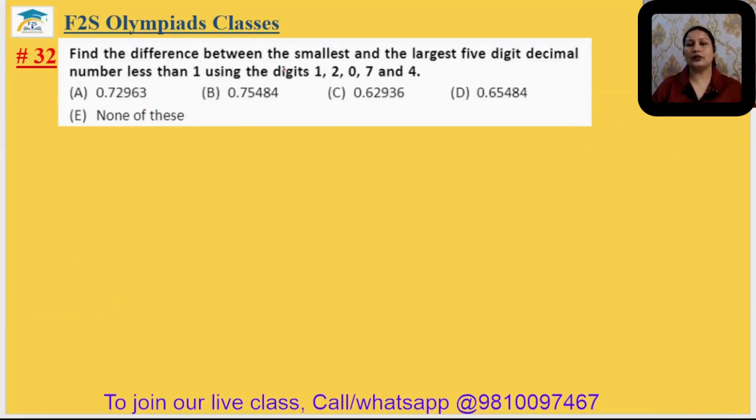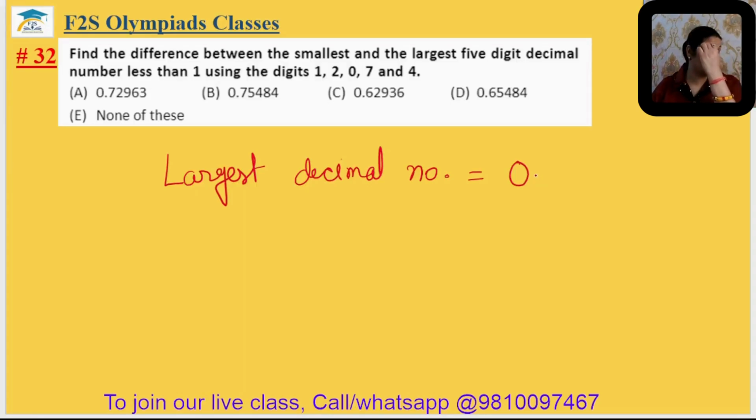32. Find the difference between the smallest and largest 5-digit decimal number less than 1 using these digits. Largest decimal number using these digits: to write the largest decimal number, which should be less than 1, the whole place will be 0. And we will just arrange the digits in descending order, because the tenth place digit should be the greatest one.